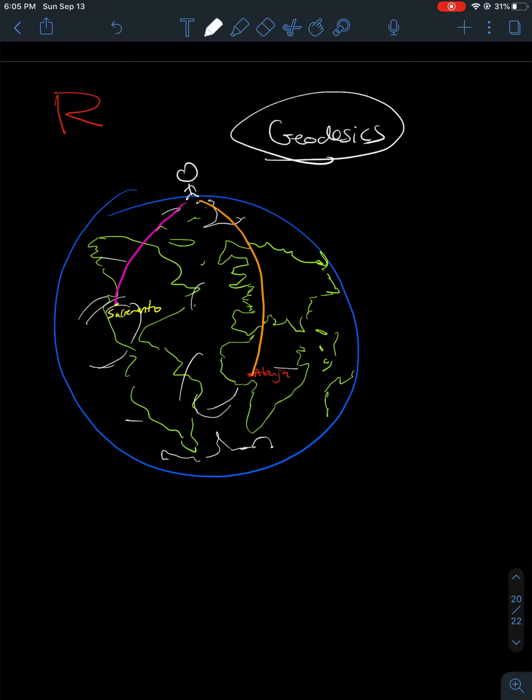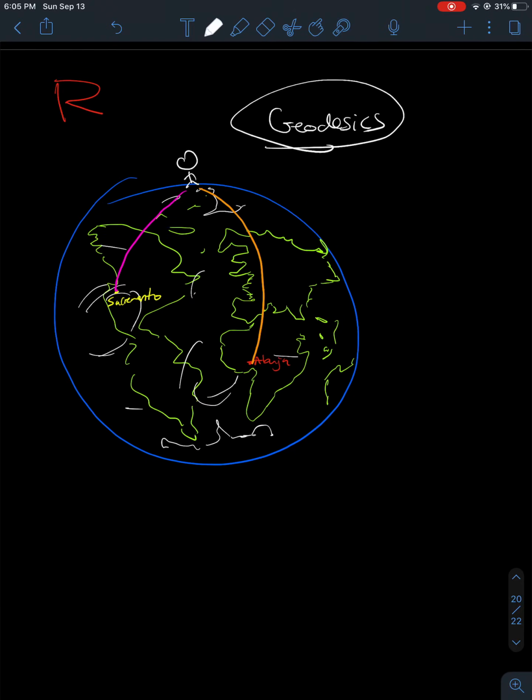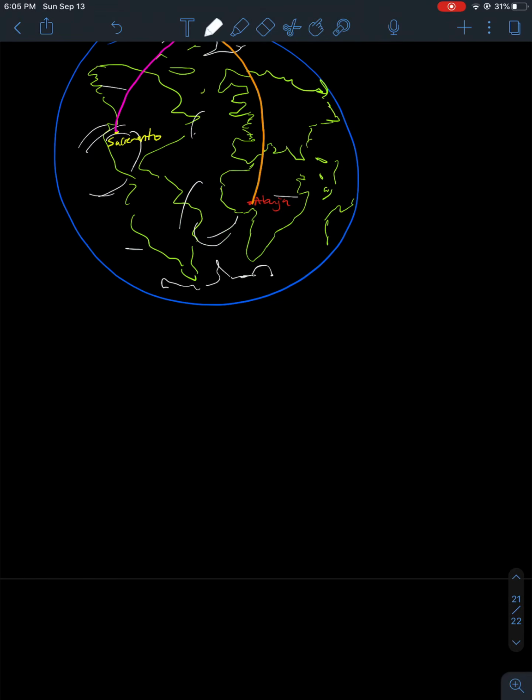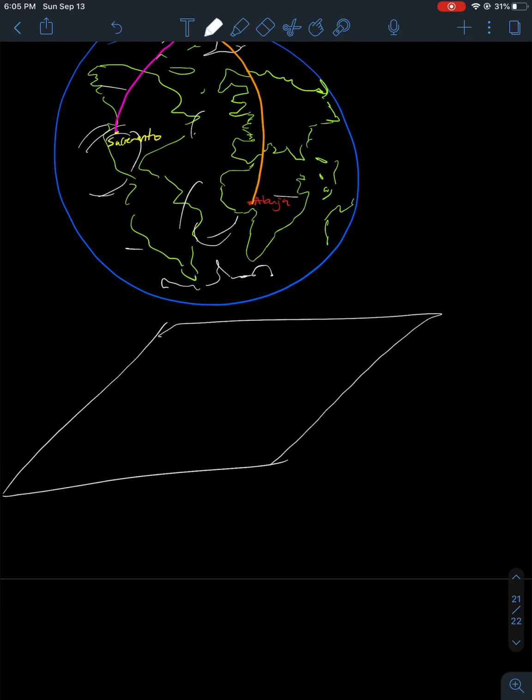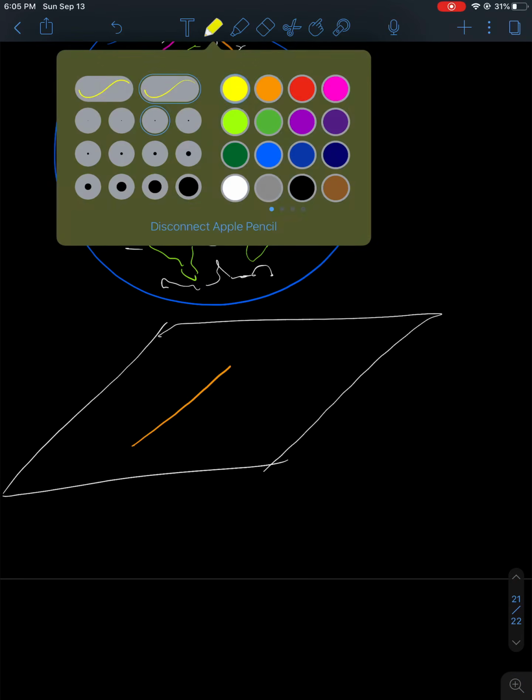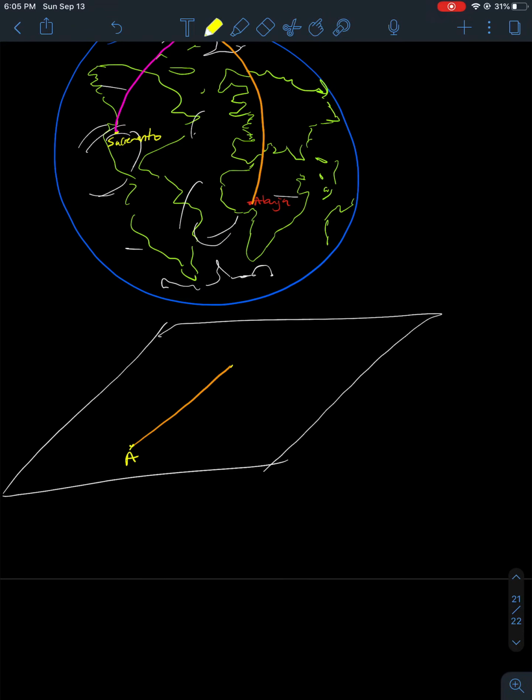So the shortest distance between two points will always be a geodesic. But that doesn't mean that all geodesics are the shortest distances between two points. In a flat plane, geodesics are just straight lines. The straightest possible path in a flat plane is just a line that connects point A to B.